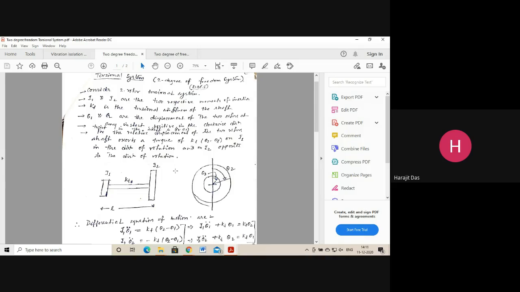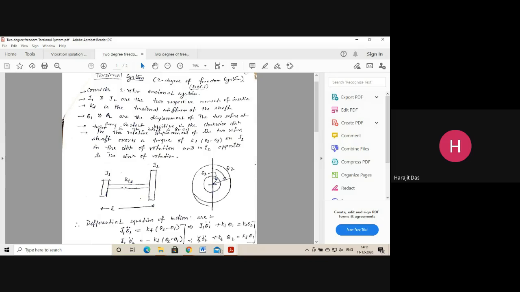Consider a two rotor torsional system. It is a torsional system because the two discs are joined by a stiff rod of stiffness KT. I1 and I2 are the respective moments of inertia of these two rotors.